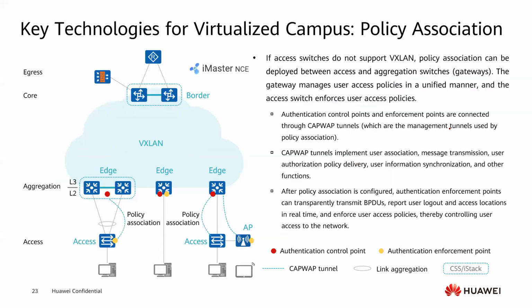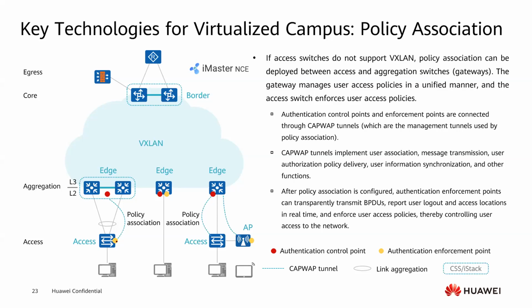And also for the policy association, if the aggregation layer is the gateway and we want it to become the authentication point, however, the access layer is separate from the aggregation layer, and we want the access layer to do the authorization, just to do the policy control.